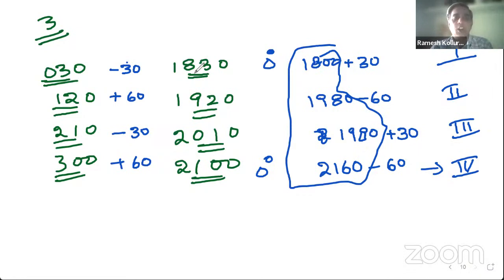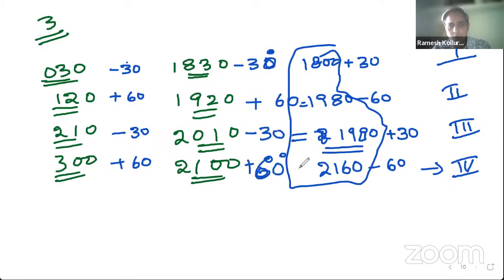If odd, I will subtract 30. Right? Subtract 30 and then we will get some number. So when I am subtracting 30, what I'm doing is 1830 minus 30 is this, plus 60 is 1980, plus 20 minus 30 is 1980, plus 60 is 2160.